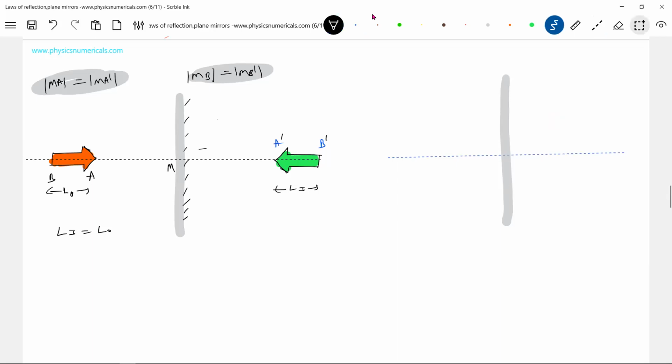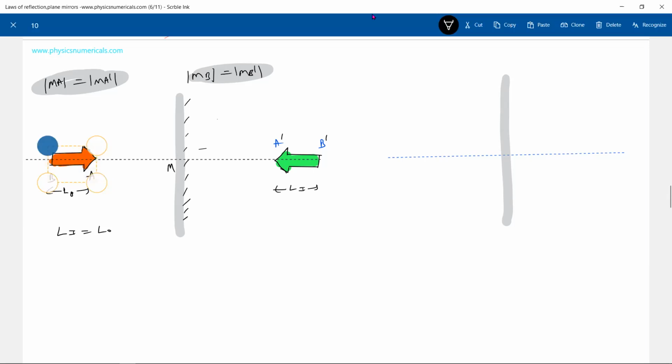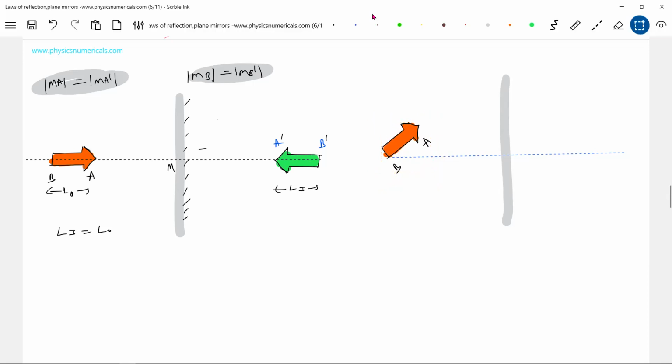If the object is oriented somewhere, let me bring it like this.